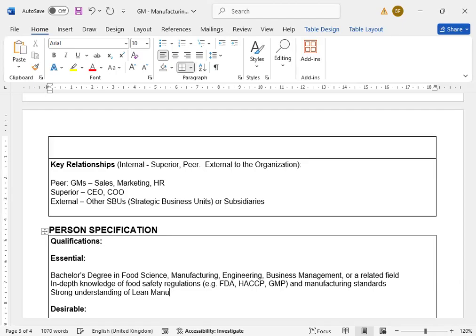Also, Six Sigma. This will be an advantage, especially in manufacturing positions. And CI, because continuous improvement is always happening in the manufacturing plant.